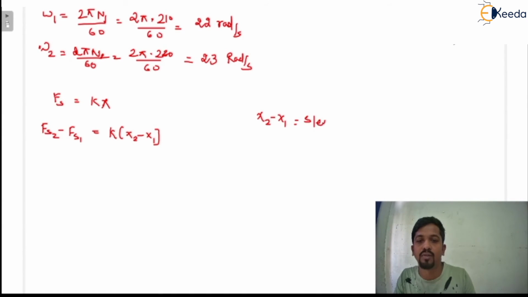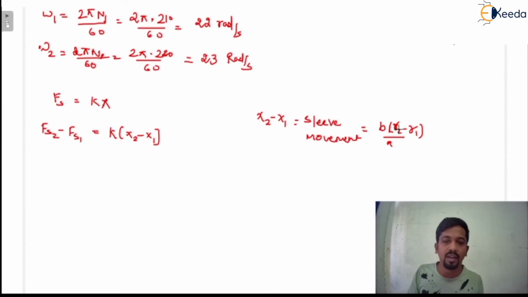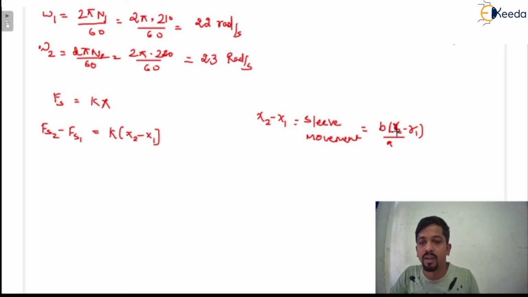Sleeve movement is equal to B (R2 minus R1) upon A. As you practice a number of questions you will be able to learn these formulas directly. If you get confused, I have already shown how to determine the sleeve movement using the diagram. Learn it directly so that your time will not be wasted in the examinations.